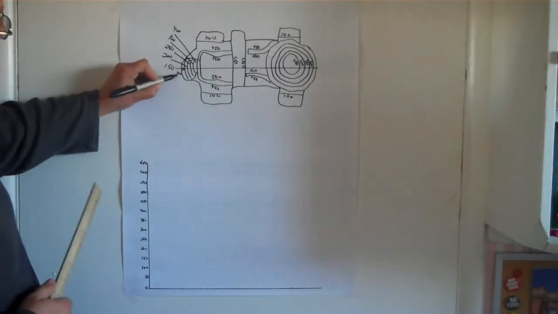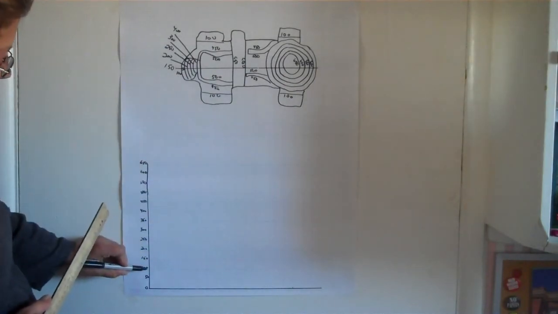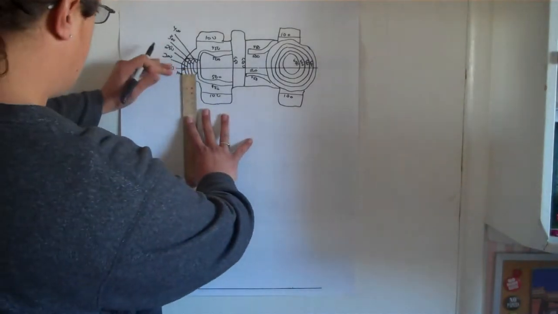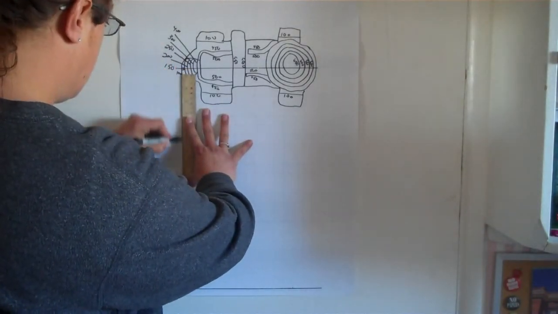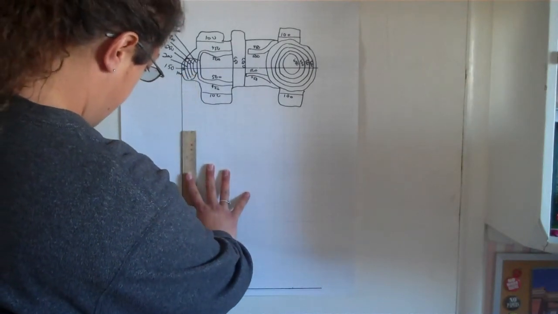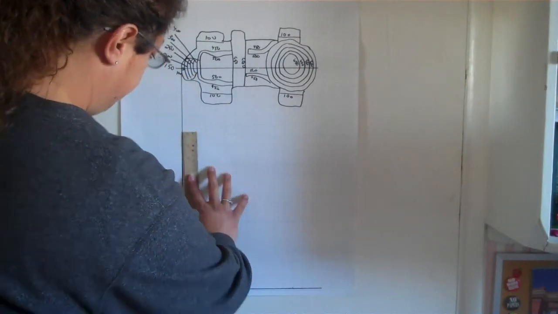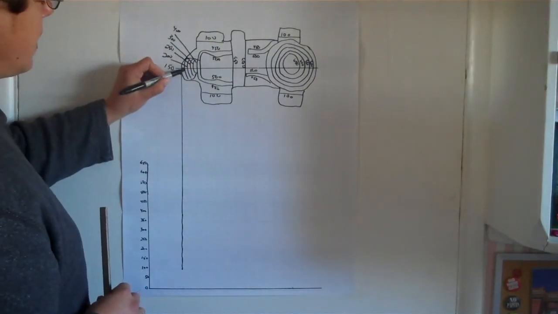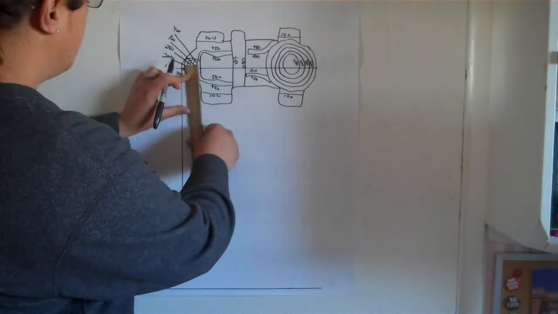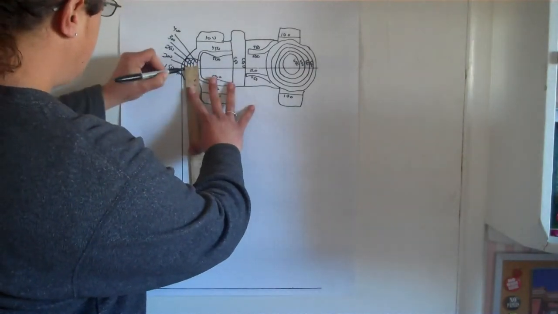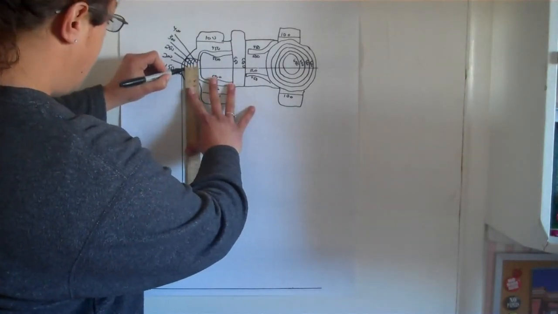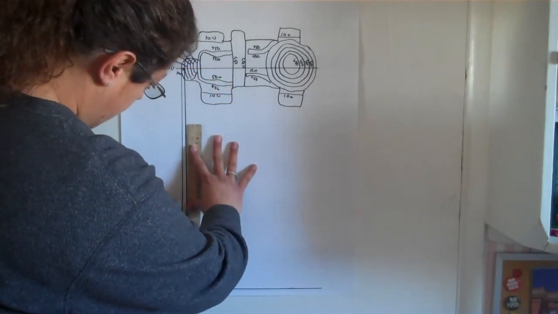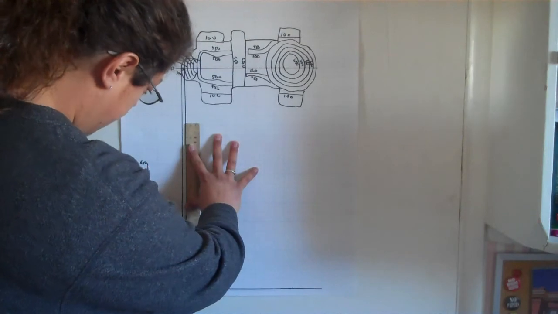This says 100, so I'm going to find 100 down here, and I'm going to take my ruler and draw a line all the way down to 100 from that point. Then I'm going to go to the next contour line, and this one's at 150. I'm going to take my ruler and draw it down to 150.